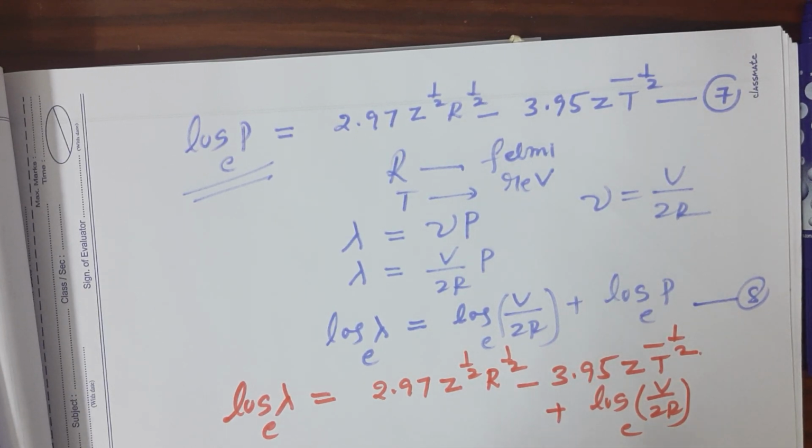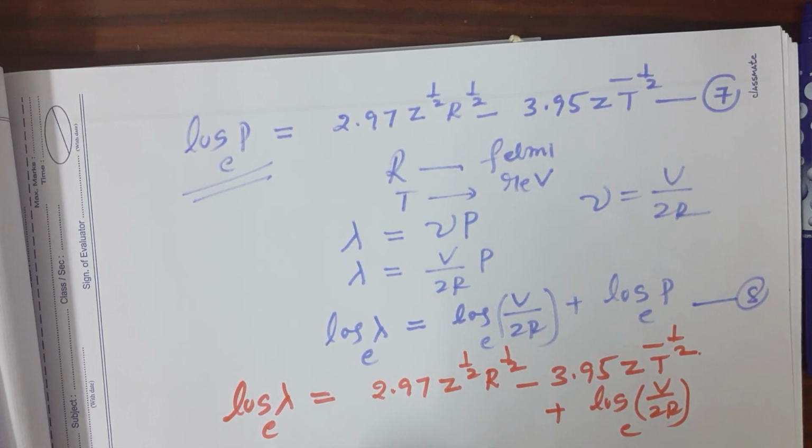By changing the base e into base 10 you have to multiply with 2.303, then you will get log lambda base 10 is equal to log of v by 2r.